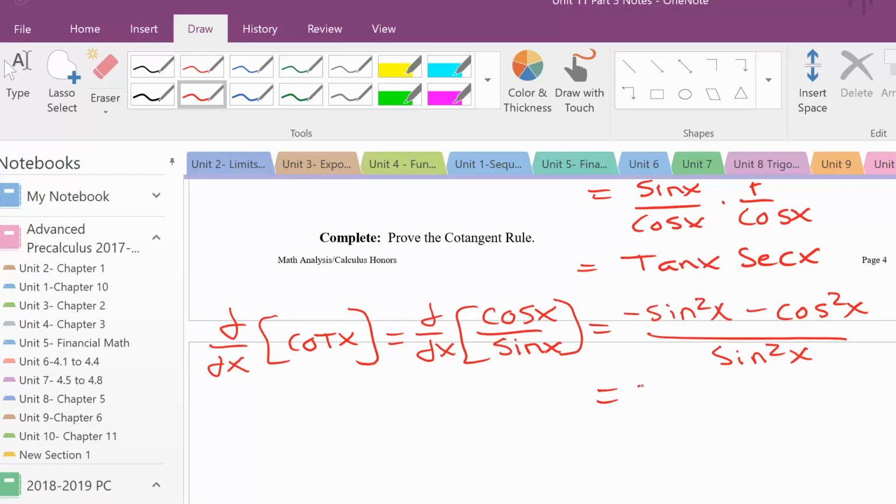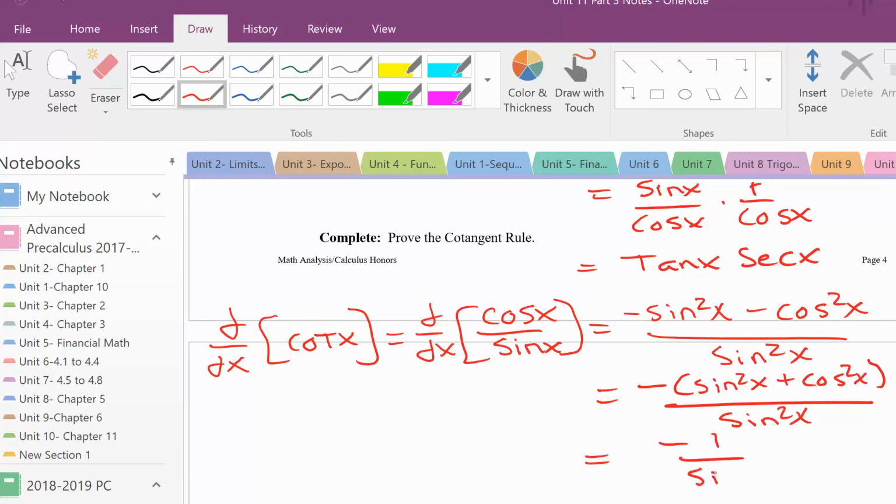So if you factor out a negative, that becomes negative 1 over sine squared, which is equal to negative cosecant squared.